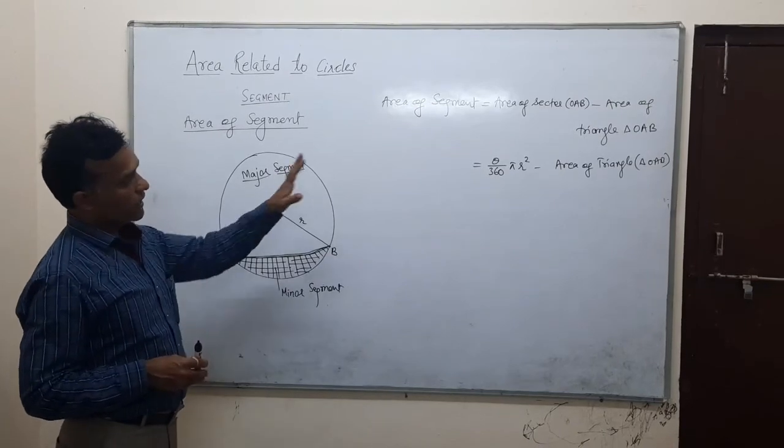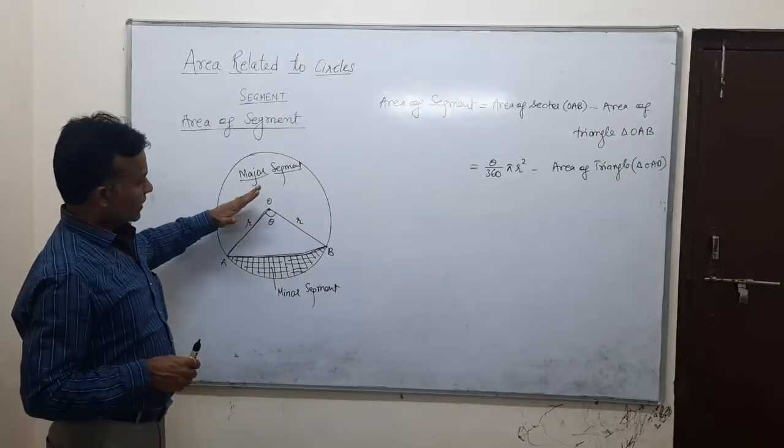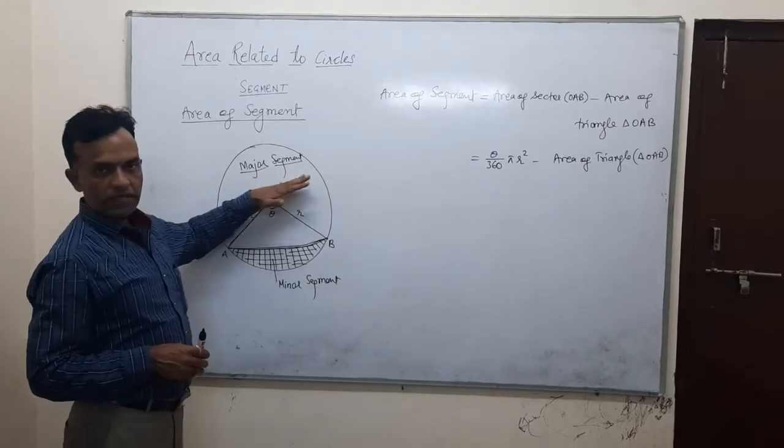Now the area of the segment is the area of the sector minus the area of the triangle in between. You apply the same process for the major segment.